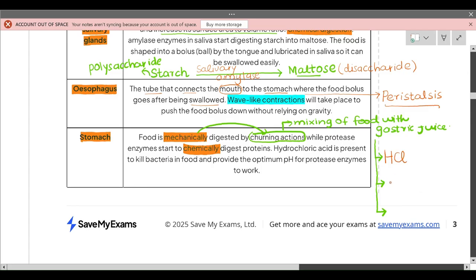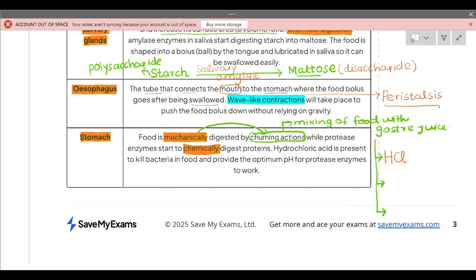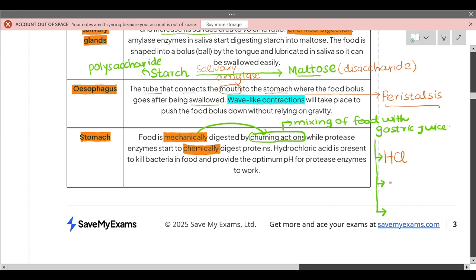And what's next besides hydrochloric acid? Yes, it's pepsin, and its inactive form, pepsinogen, is usually present, which is later converted into pepsin.